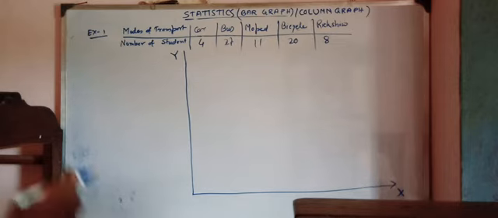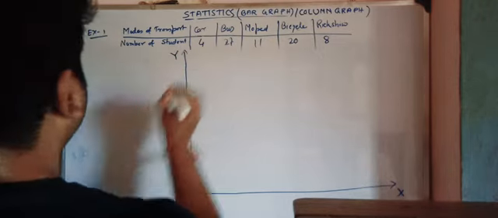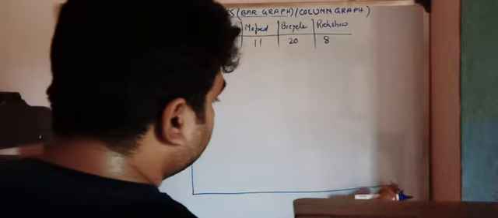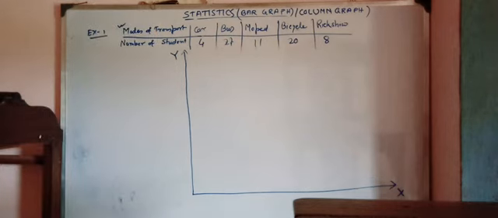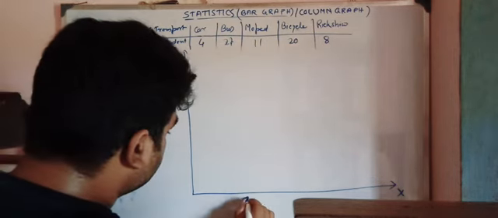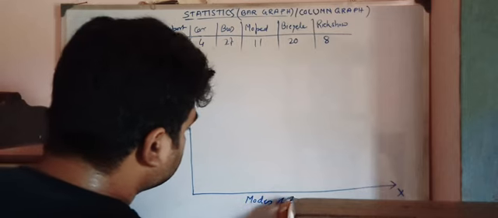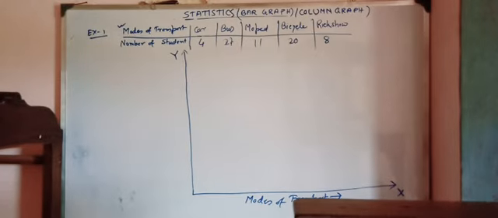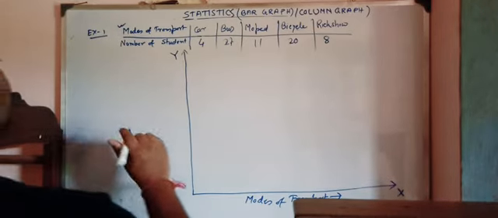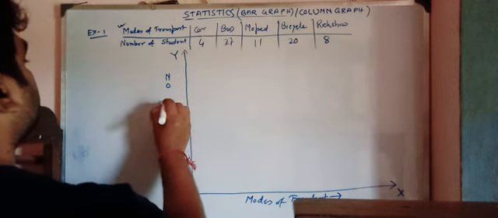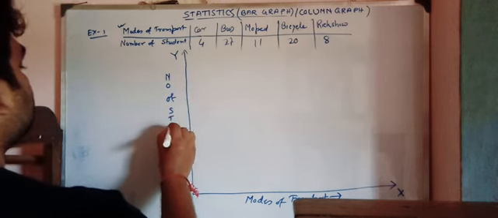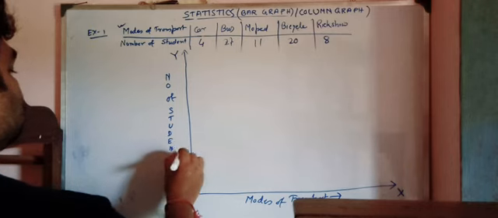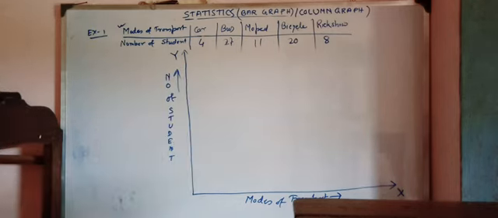Now we can represent the modes of transport along the horizontal axis, that is the first data. Next, number of students along the vertical axis. Understood? So now we have to draw a bar graph.